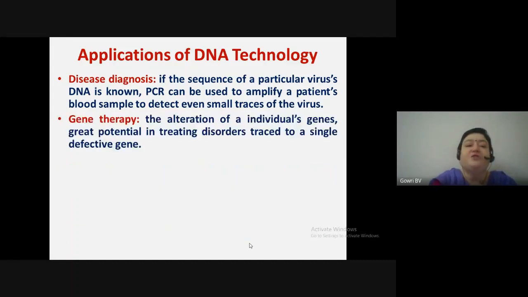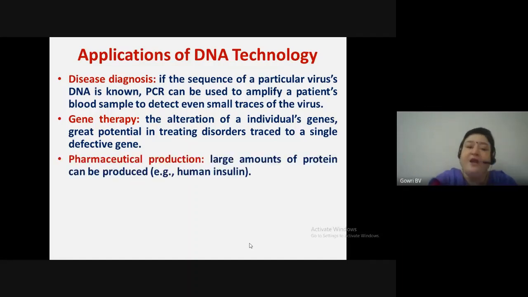And it can be used in gene therapy, the alteration of individual genes, with great potential in treating disorders traced to a single defective gene. If you think the disease or syndrome is because of a gene, you can go in for altering the gene with a technique called gene therapy. You can go in for production of pharmaceutical products.